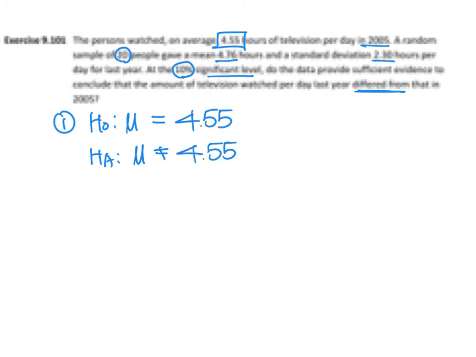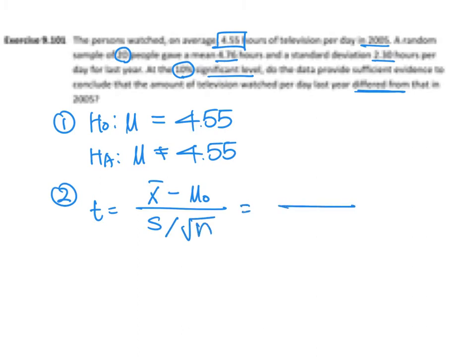Now we take the t-score: the sample mean minus the initial value in the null statement, over the sample standard deviation over square root of n. The sample mean was 4.76 minus 4.55, and the sample standard deviation is 2.30 over square root of the sample size, 20.